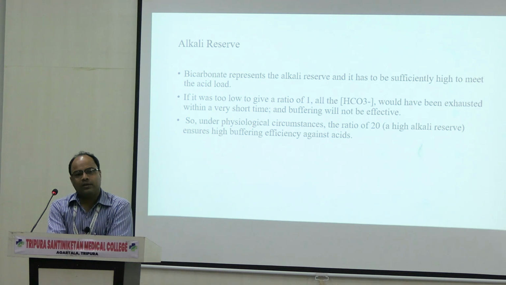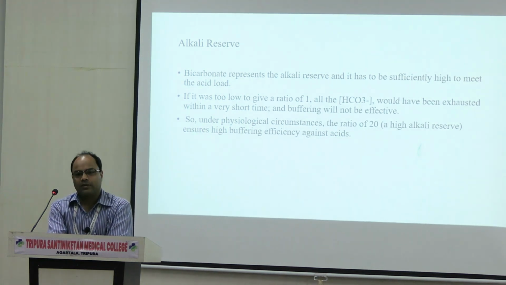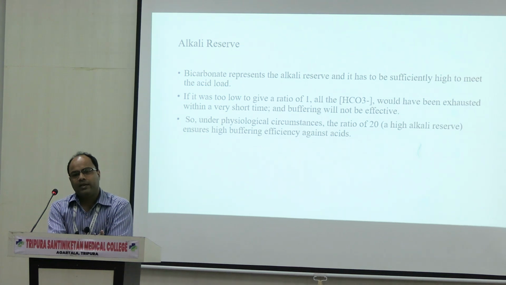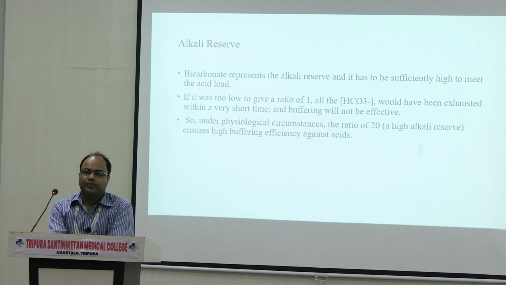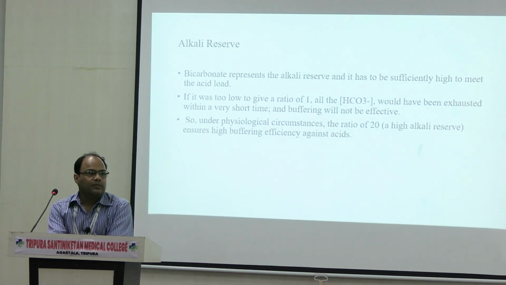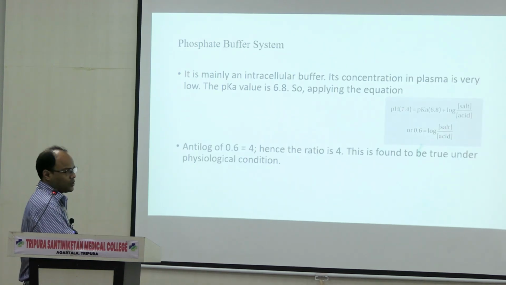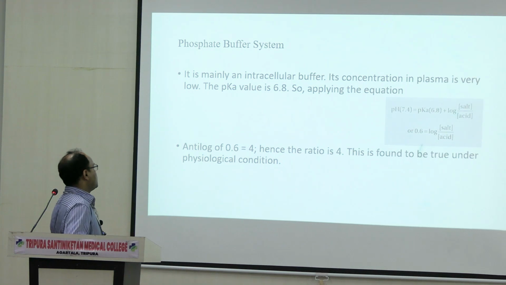Normal enzymatic activity also depends on pH, temperature, concentration, like this. So if pH fluctuates very high, enzyme activity will be gone, cellular function will be gone. This is why I am stressing, pH is so important. Next is the phosphate buffer. In our blood, the second buffering system is the phosphate buffer.